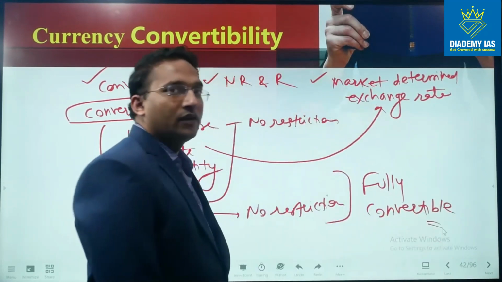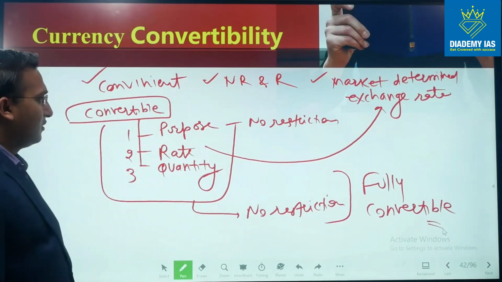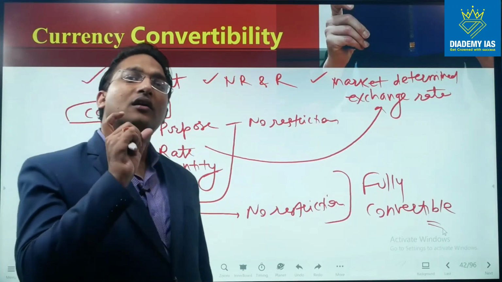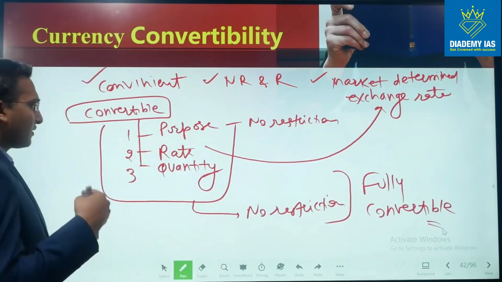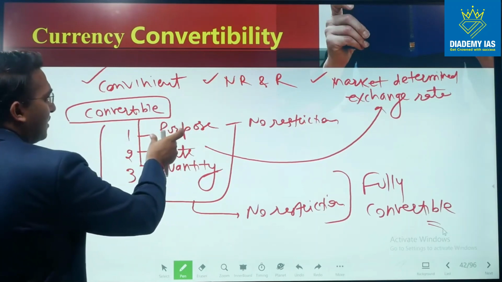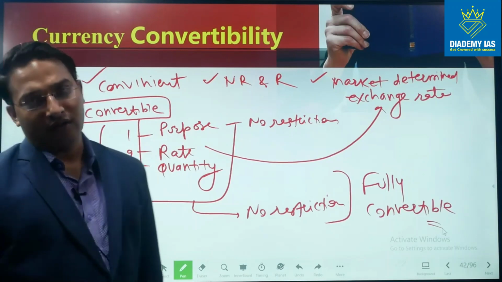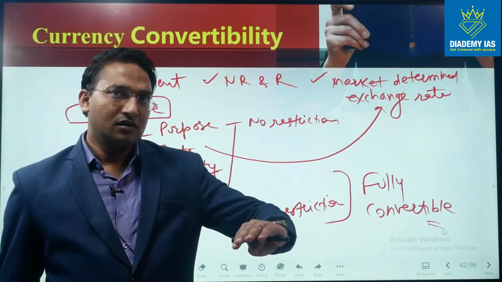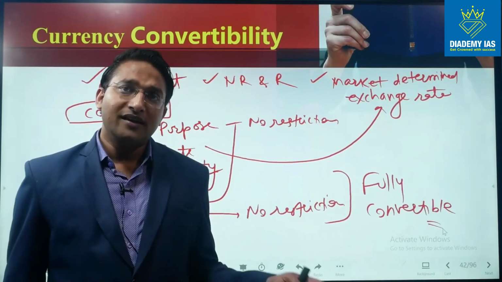If in any country any of these restrictions exists, then this is called partial convertibility. For example, the country says if the purpose of convertibility is medical, you can convert only a maximum of 2 lakh US dollars. If you are putting a limit, then there is partial convertibility.